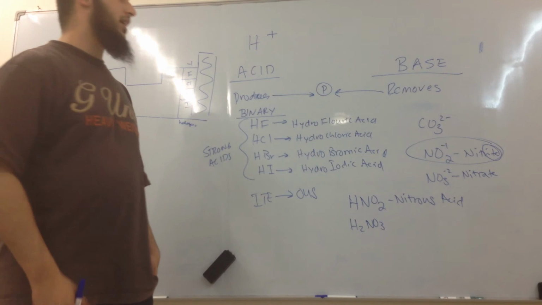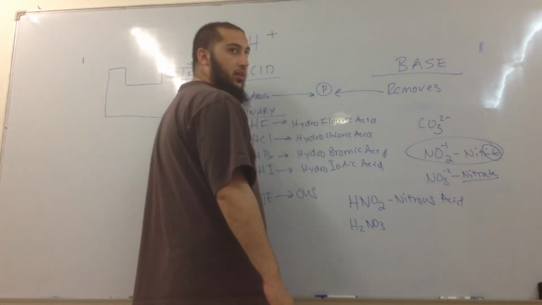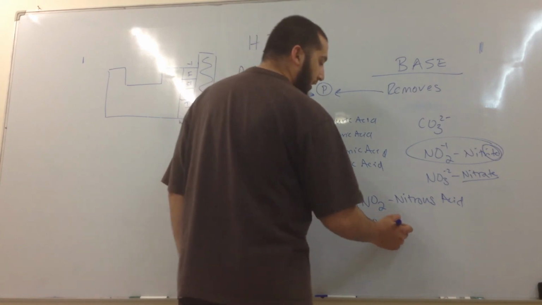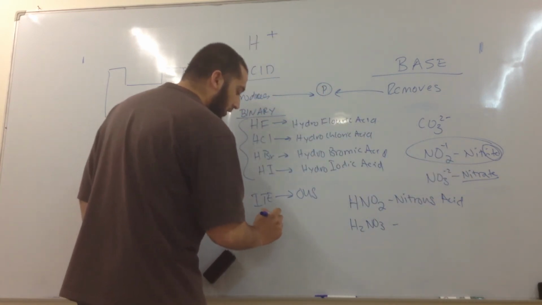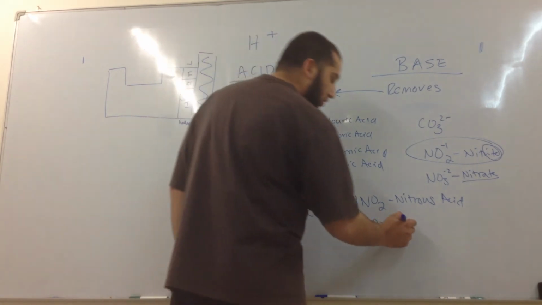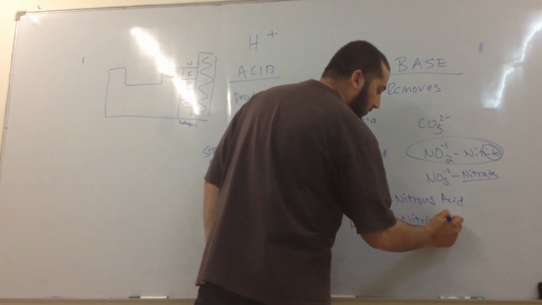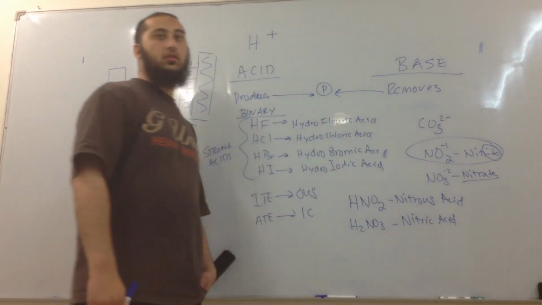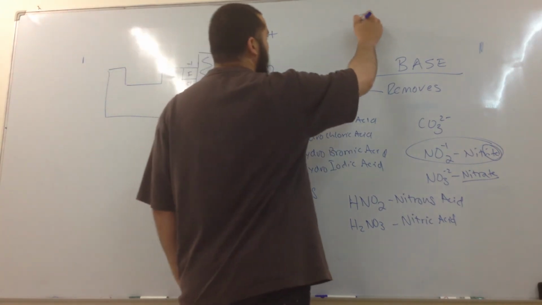Does that make sense? Now, what does nitrate end with? ATE. So what do we call that? If it ends with ATE, then we end it with ic. So nitric acid. Does that make sense? So how about sulfate? SO4 2-.